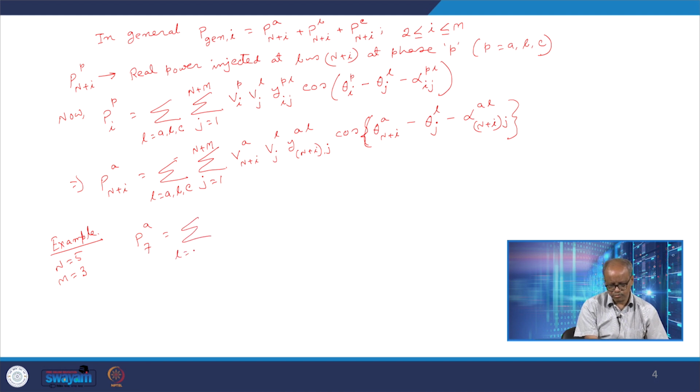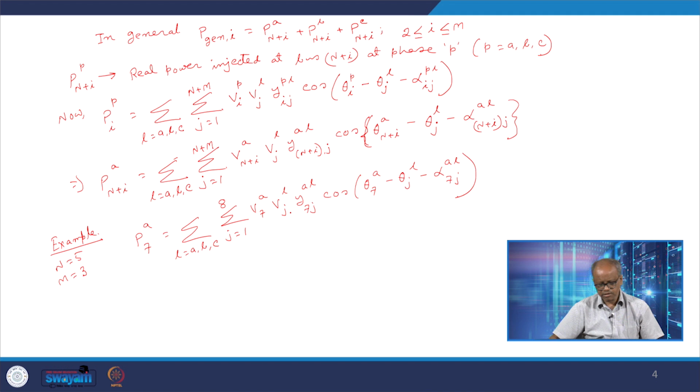L is equal to A, B, C, and j is equal to 1 to n+m, which is 8. Then V7A, VJL, Y7JAL, cosine of (theta 7A minus theta JL minus alpha 7JAL).